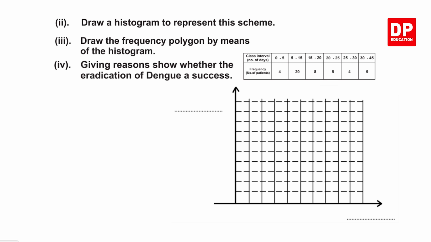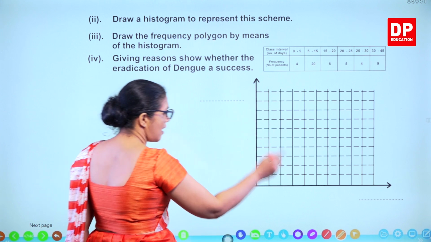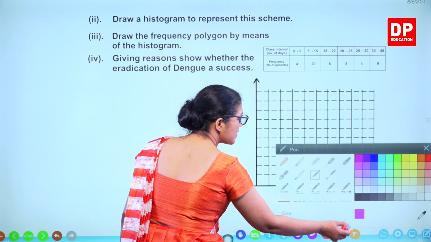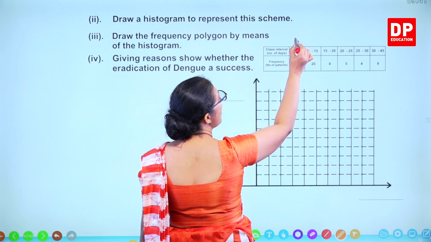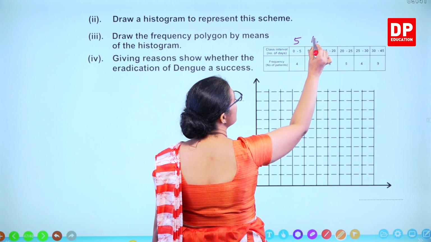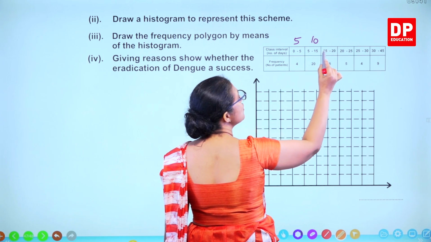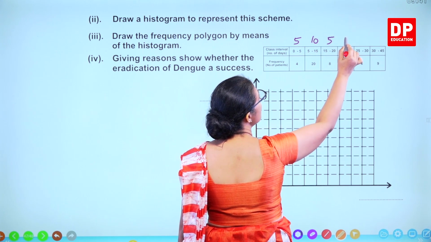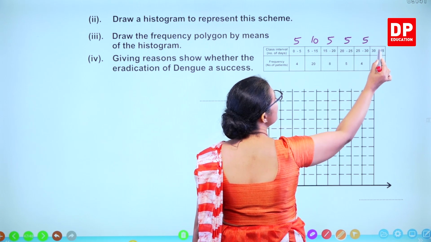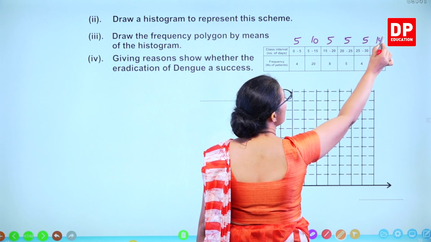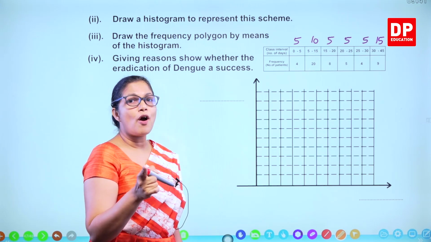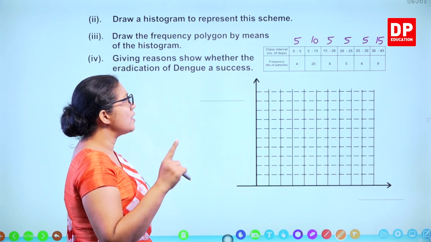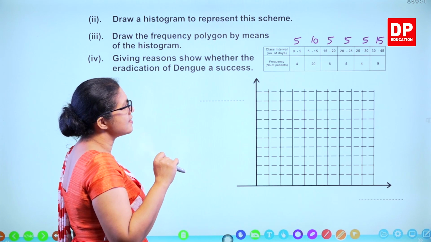So we need to first check the class sizes. The class sizes are not the same. Here 5 minus 0 is 5, then 15 minus 5 is 10, 20 minus 15 is 5, 5, 5, and the last one is 15. When you get boundaries, you take the difference between the two boundaries to get the class size.